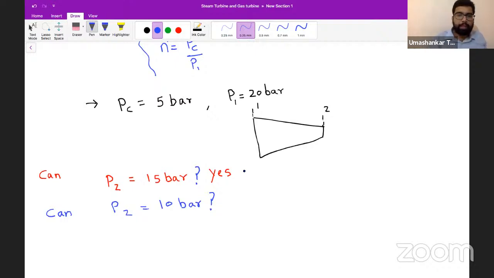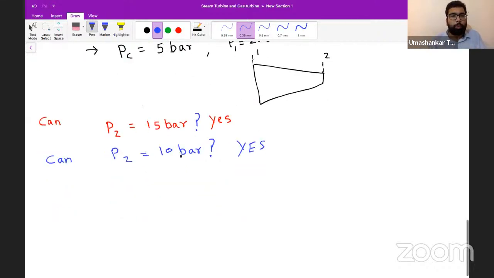Yes, it can be 10 bar. Very good. Why? Because this pressure is greater than the critical pressure, or sometimes we may call it choking pressure. So yes, we can achieve this pressure in our convergent nozzle.